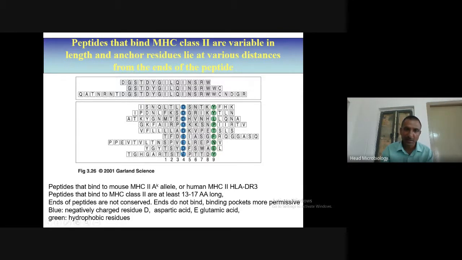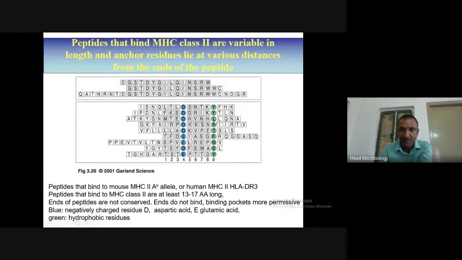Okay, there is no similar sequence in any region. But in a few regions, a few amino acids, like D, which stands for aspartic acid, Y stands for another amino acid.